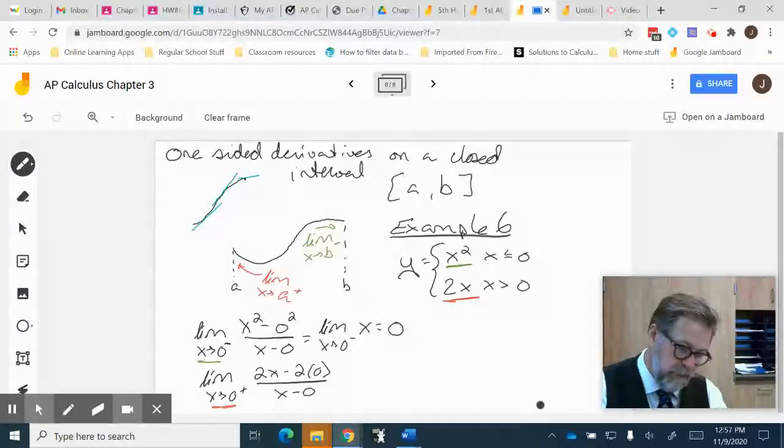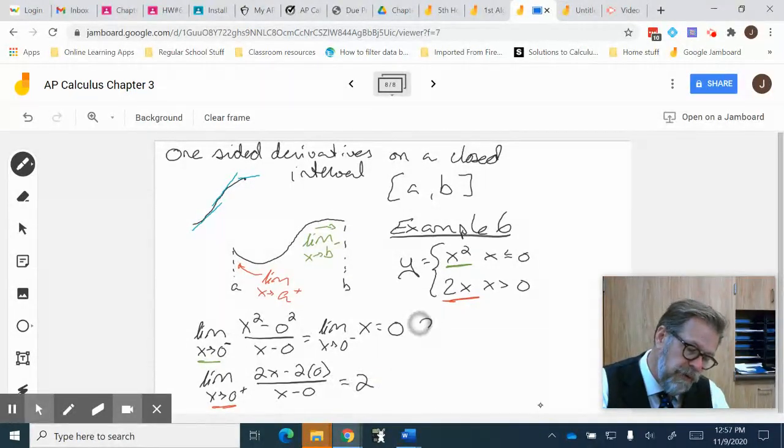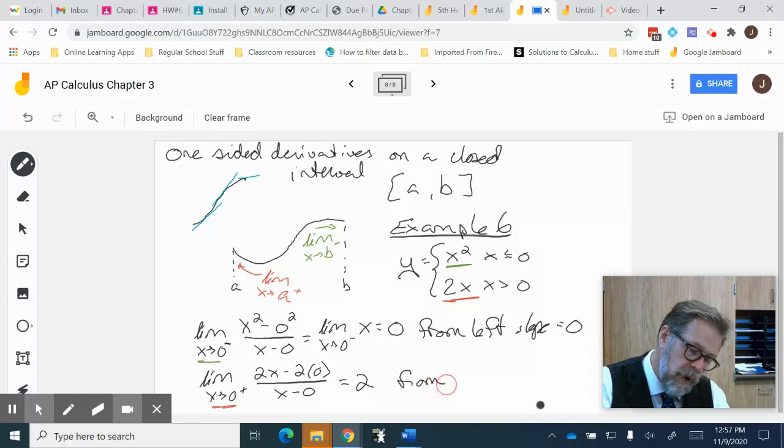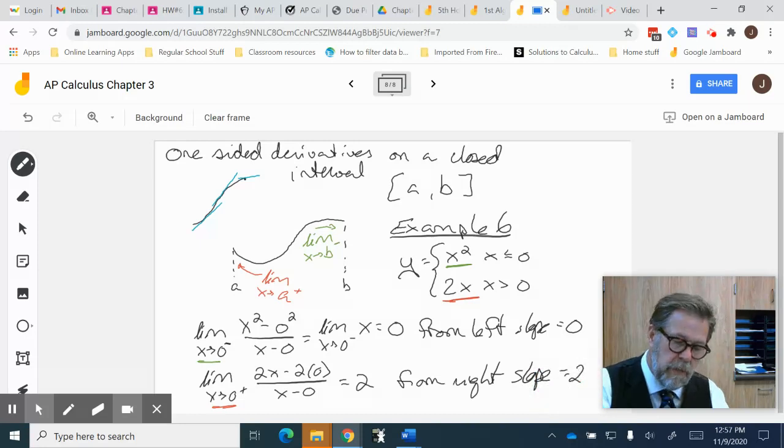Doing some simplification, that's 2x divided by x, which is 2. So as I approach from the left, my slope equals 0. As I approach from the right, my slope equals 2, which means that there is some kind of corner here.